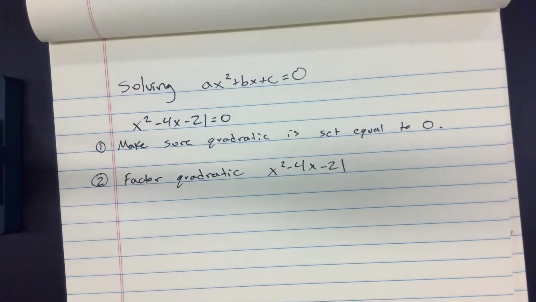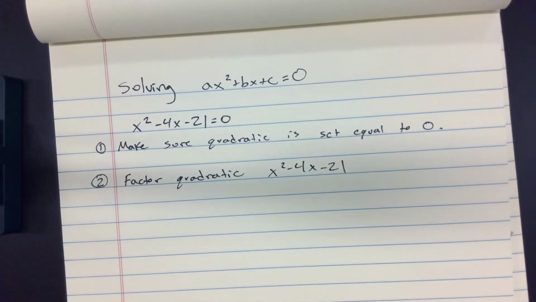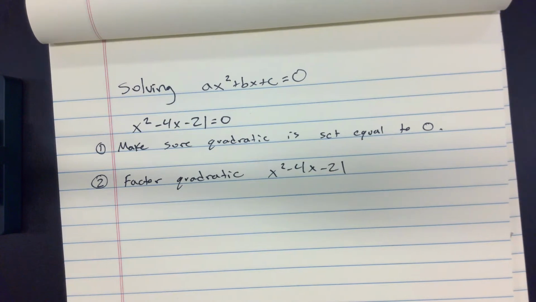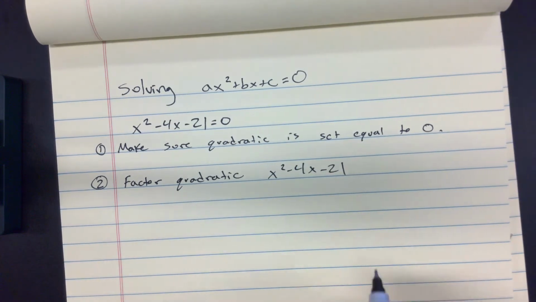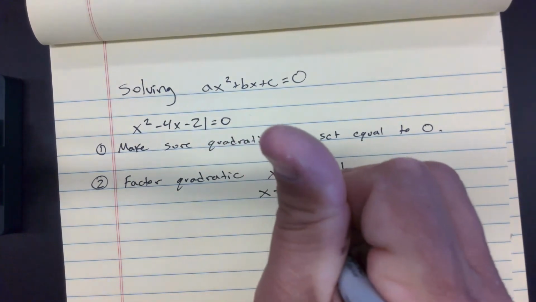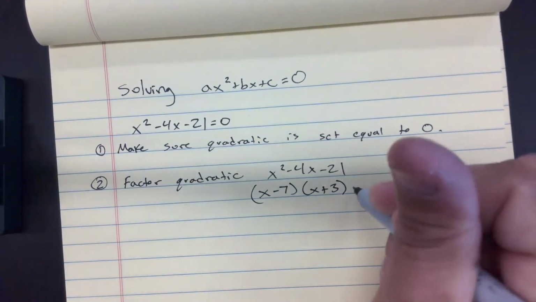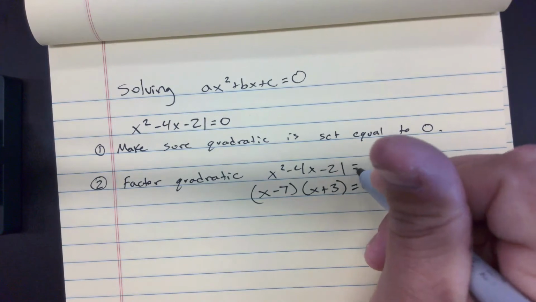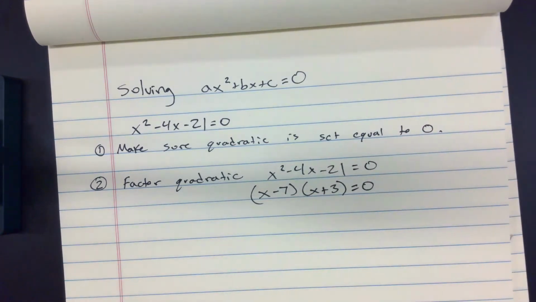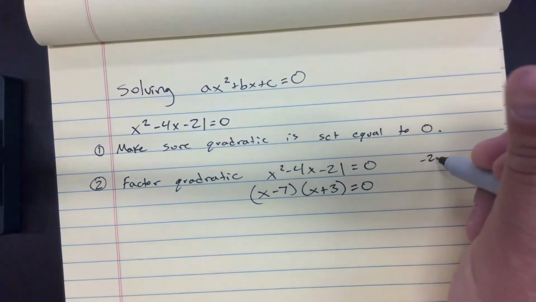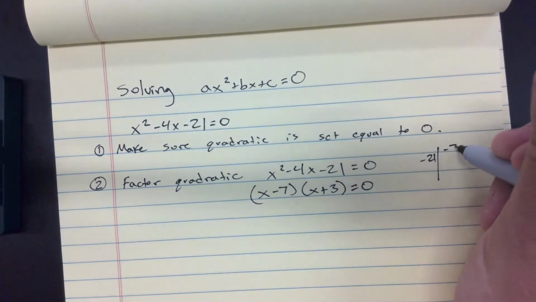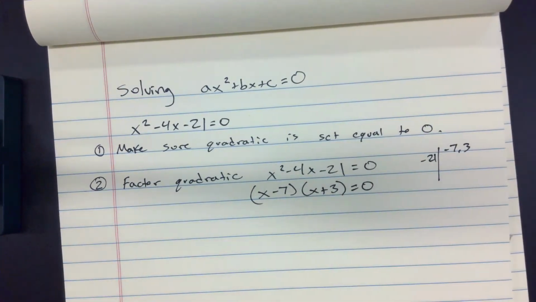What are two numbers that multiply together to be negative 21 and add together to be negative 4? Negative 7 and 3, right? And we're still going to have the equal 0 over here.